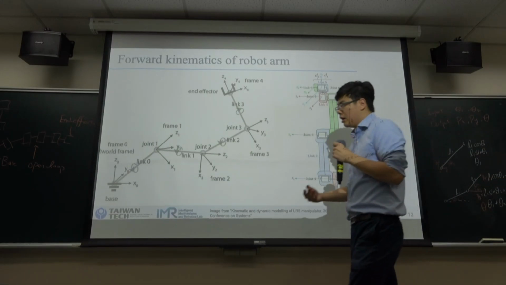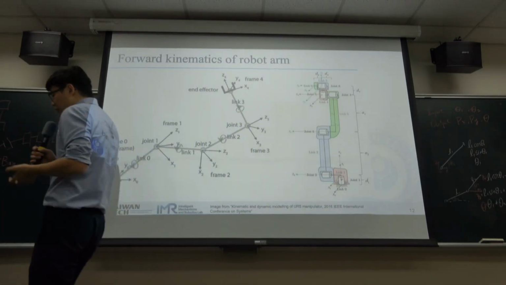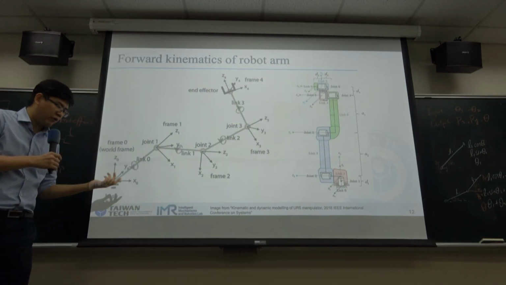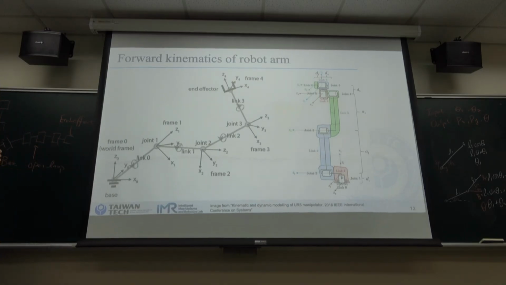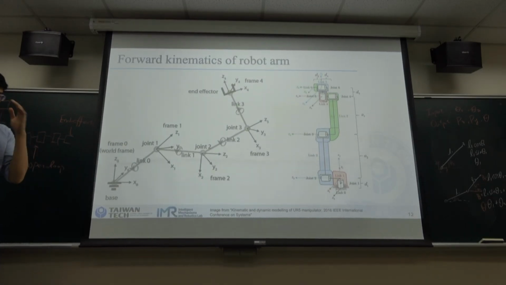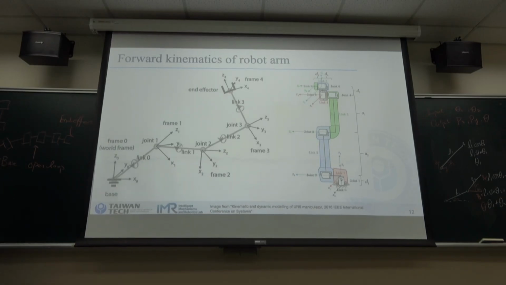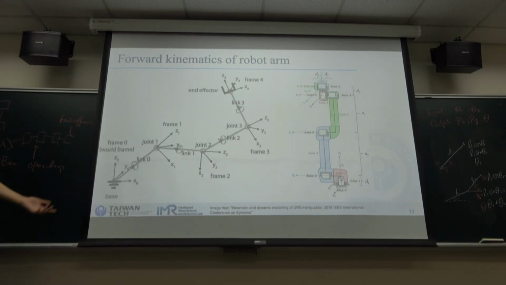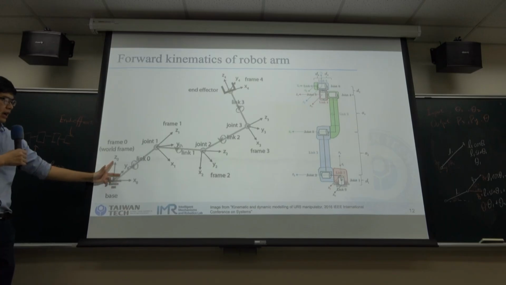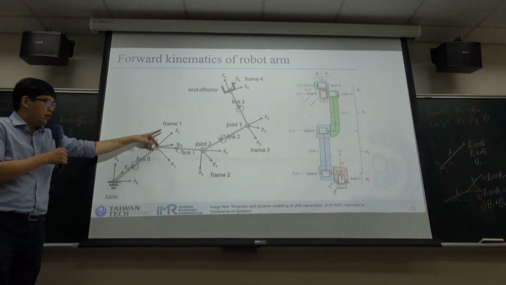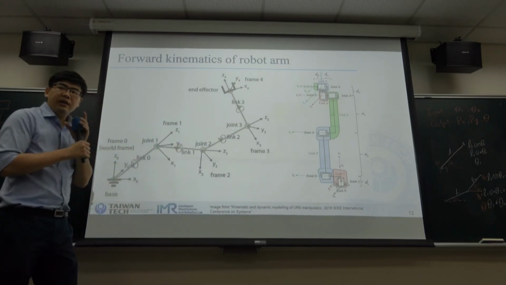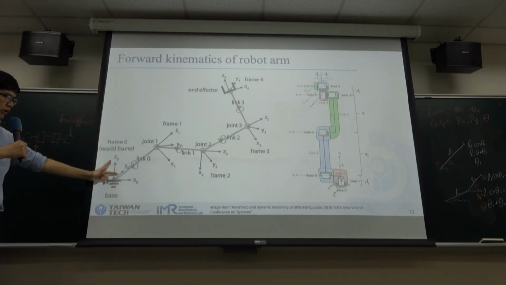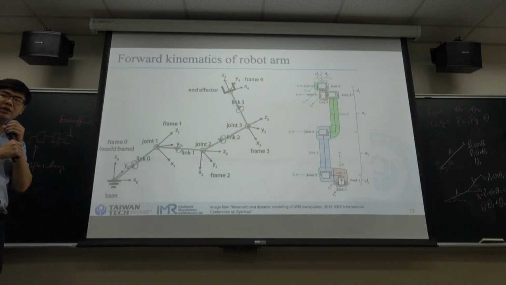So normally, how we solve the forward kinematics is using the transformation matrix. The first step, we need to recall from the last week assessment. The first step is that we need to assign all the local frames at each joint. Can everyone recall from the last week assessment?